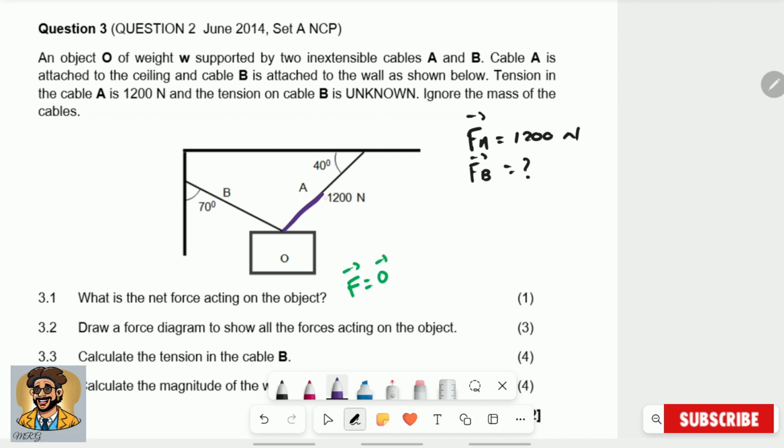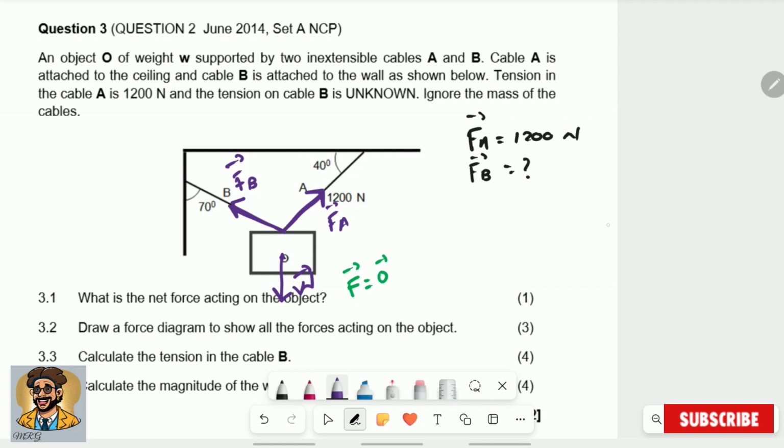You have in this direction, this one is FA. You got that? Here, this is cable B. This one here will be FB. And pointing down, you will have weight. That is the force diagram.